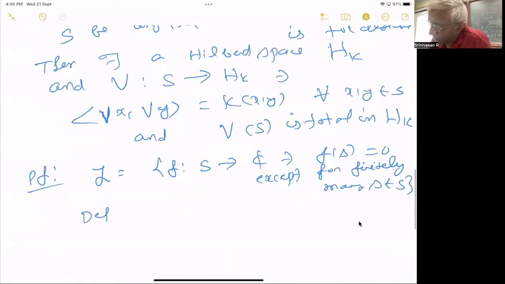Now define an inner product on that. I call it the inner product ⟨f, g⟩₀, because this is not the inner product we want.